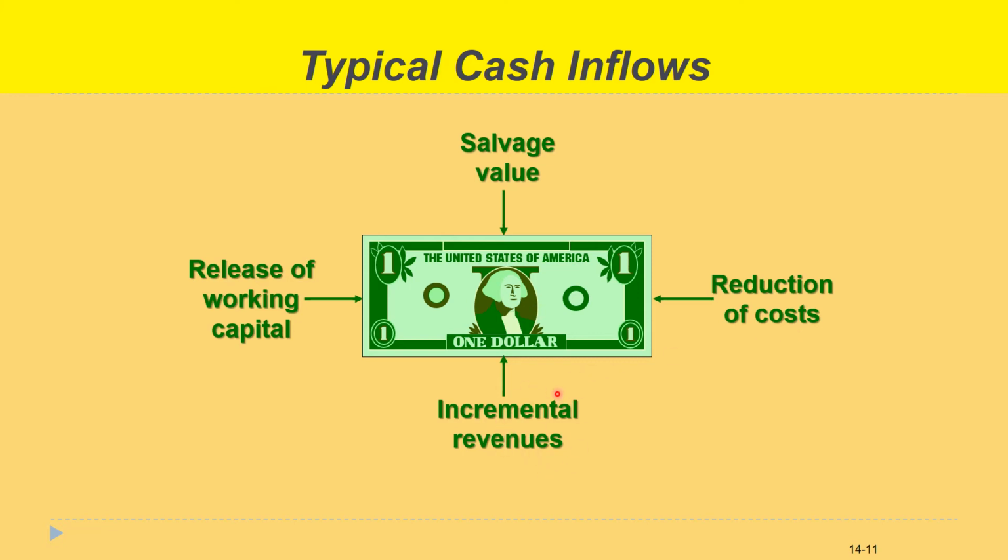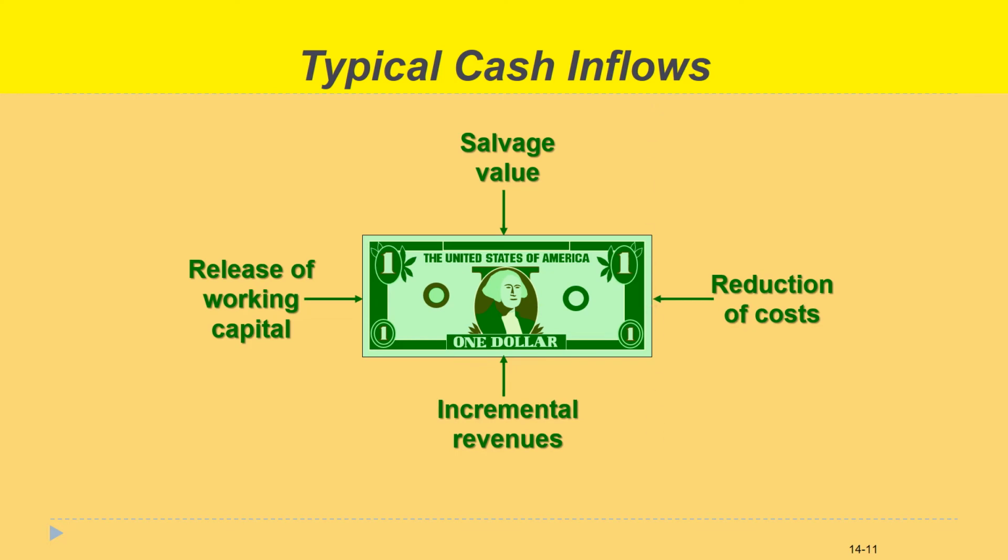Incremental revenues, any amount of new revenue, that's what the word incremental means, the increase only, not the old revenue that you used to receive before, but the increase in revenues are called cash inflows when we are appraising.